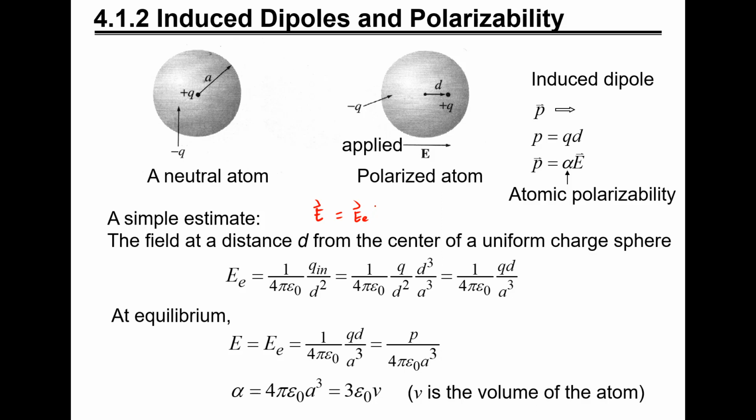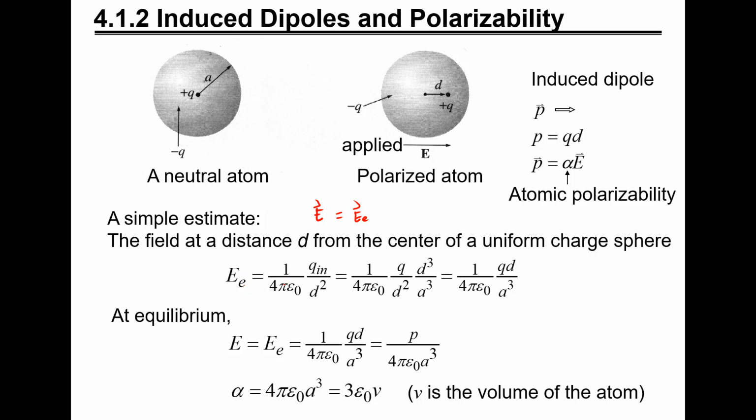Okay, so note that the field at a distance d from the center is equal to 1 over 4 pi epsilon naught q times d over a cubed. You can get the electric field due to the electron cloud.